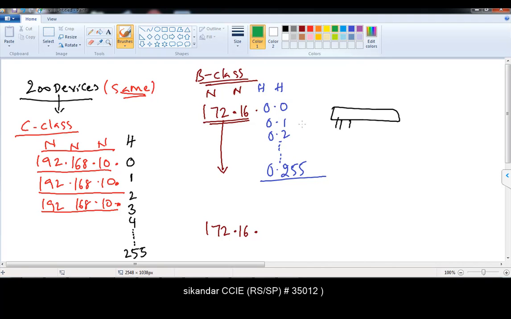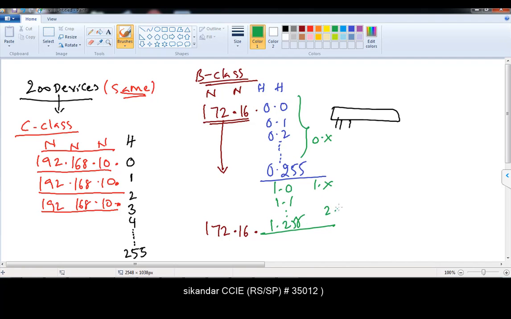After this, we can continue with 1.0, because once you finish 0.x, you can start with 1.x, where x represents any number from 0 to 255. So I can say 1.1, 1.2, till 1.255.